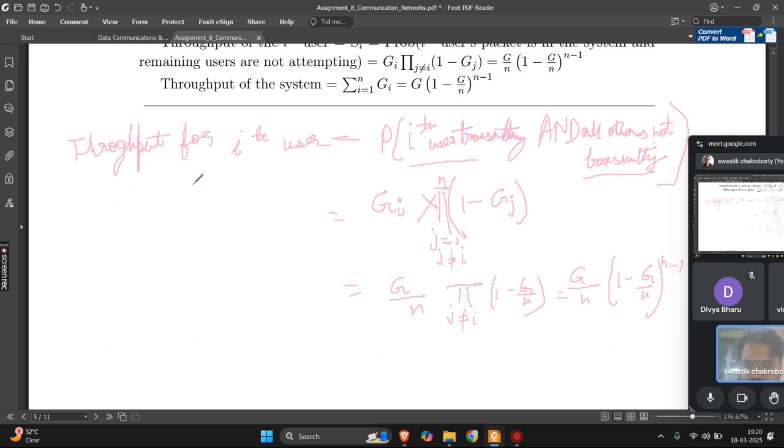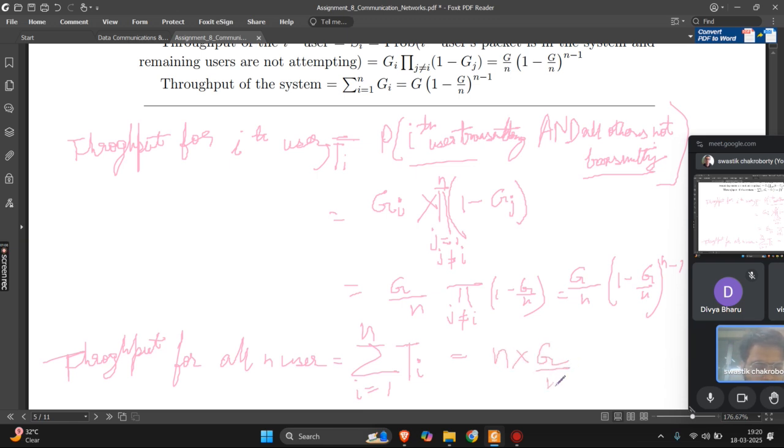Now if this is the throughput for the ith user, for all users what will be the throughput? Since this is a symmetric environment, all users will have the same throughput. Throughput for all users will simply be the summation over all n users. If the throughput for the ith user is Ti, then it is the summation i equal to 1 to n of Ti. Since all users have equal throughput, it will just get multiplied by n.